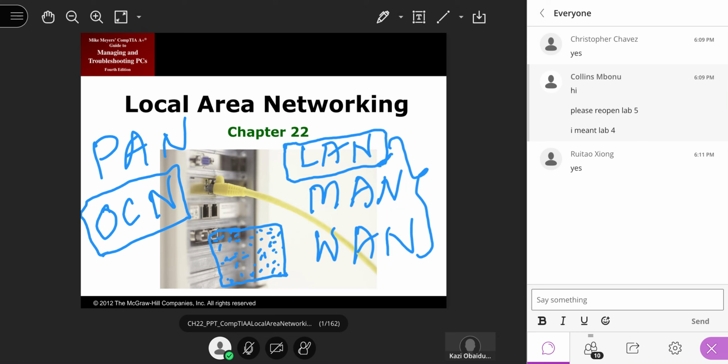This is the yellow cable, called the RJ45 cable, that you have to connect. And we have the LAN card inside the box on the motherboard. If you open this box, you can see a LAN card, a local area network card.